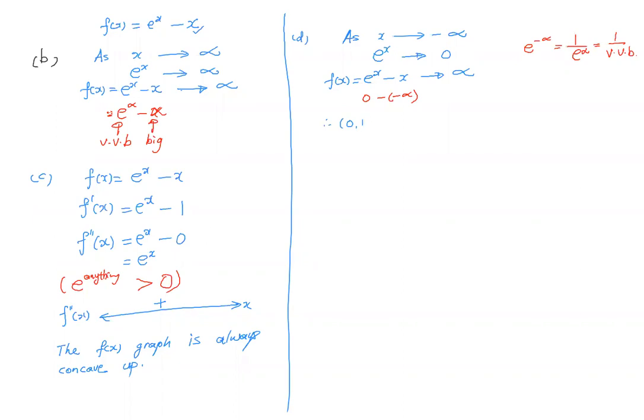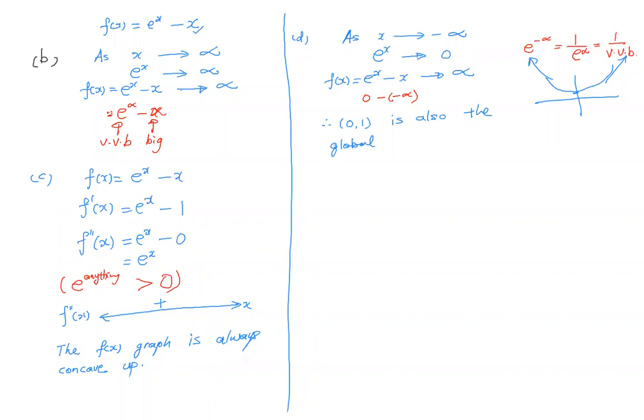(0, 1) is also, because I have the axis. This is my minimum point. This one goes up like that. This one goes up like that. So (0, 1) is also the global what?